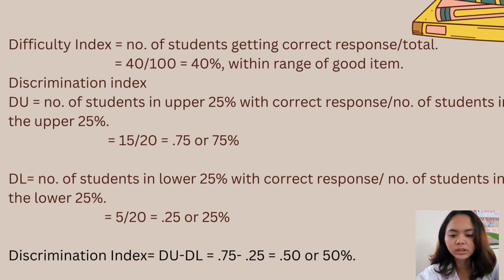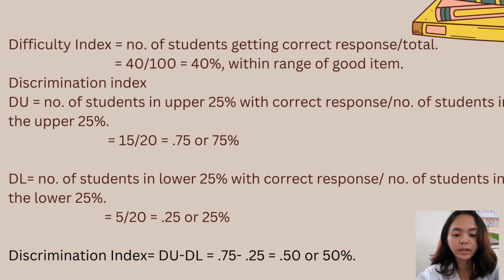So next is the discrimination index. DU is equal to the number of students in the upper 25% with correct response divided by the number of students in the upper 25%. So, the number of students in the upper 25% with correct response is 15 students, and the number of students in the upper 25% is 20.